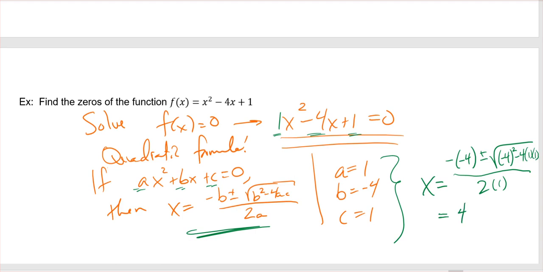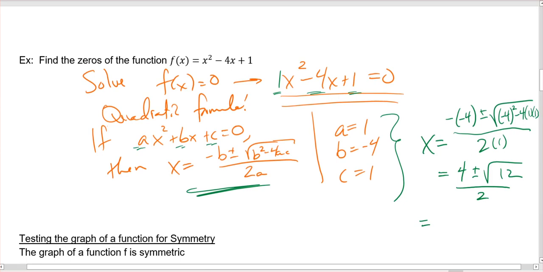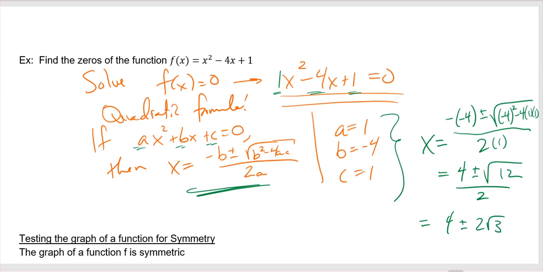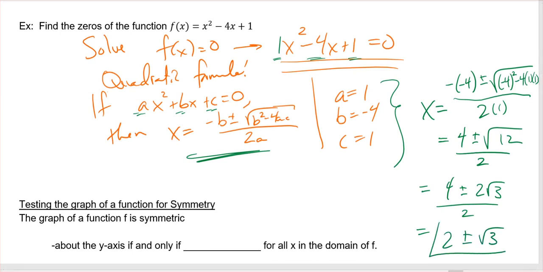So I got 4 out front, plus or minus the square root of, 16 minus 4 would be 12, over 2. And we can continue on the simplification route. We know that the square root of 12 is 2 square roots of 3, because 12 is 4 times 3, divided by 2. And then we're done. We cancel out all of our common factors. We got 2 plus or minus square root of 3.